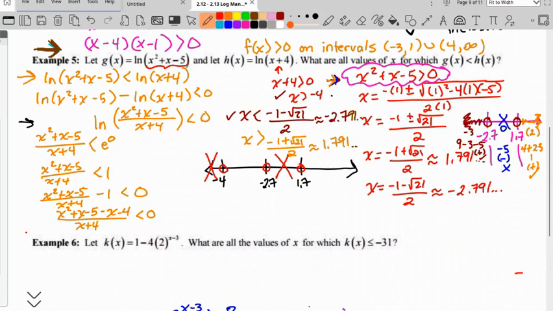Then we're just going to combine a few like terms. That x and negative x cancel, and I'm just going to keep going down here on the page because we need a little bit more room. So it's going to be (x squared minus 9)/(x plus 4) is less than 0.